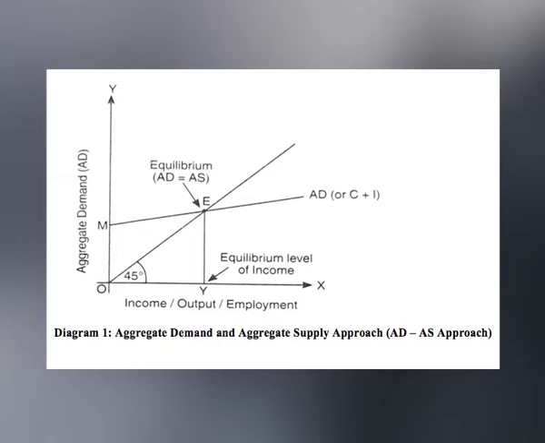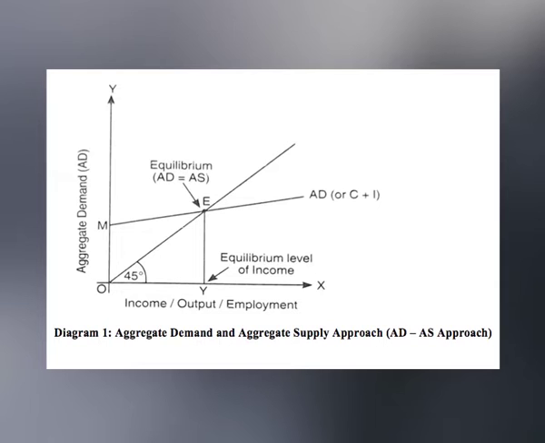It has a positive slope, which indicates that the value of AD rises with the increase in income. It is parallel to the consumption curve, as the difference between the AD and consumption curves is investment, which is constant at all levels of income. Diagram number 1, aggregate demand and aggregate supply approach, AD-AS approach.